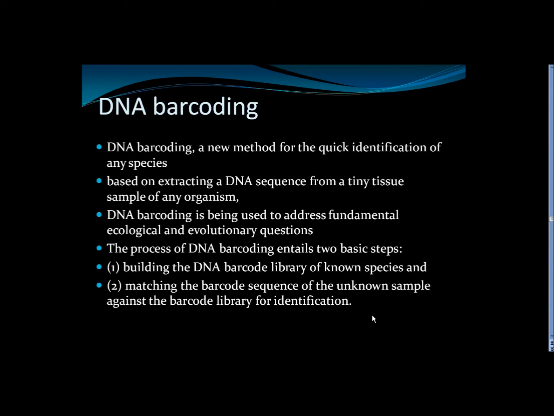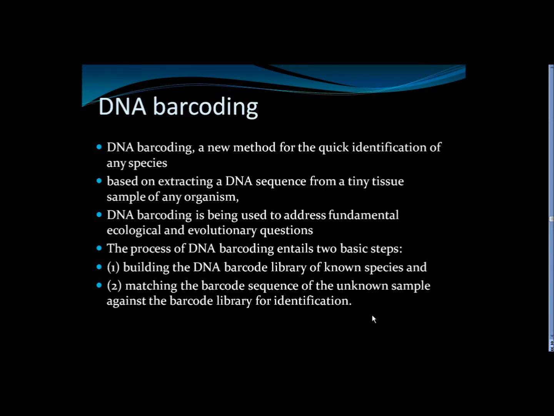DNA barcoding is a new method for the quick identification of any species. Nowadays this is becoming a very popular method of identification of taxa. It is based on extracting a DNA sequence from any tissue of an organism, and a barcode is formed. DNA barcoding is able to address fundamental ecological and evolutionary questions.